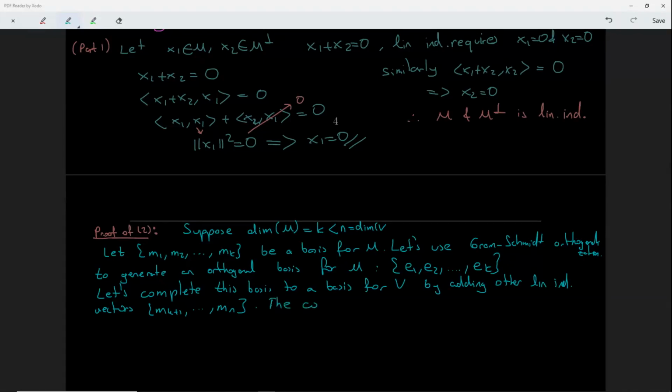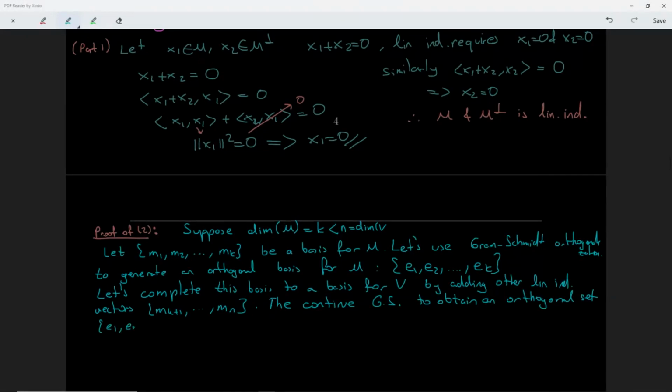So then continue this Gram-Schmidt orthogonalization to obtain an orthogonal set for the vector space V. Okay, so let's say e1, e2, up to ek, and we have e(k+1) up to en.